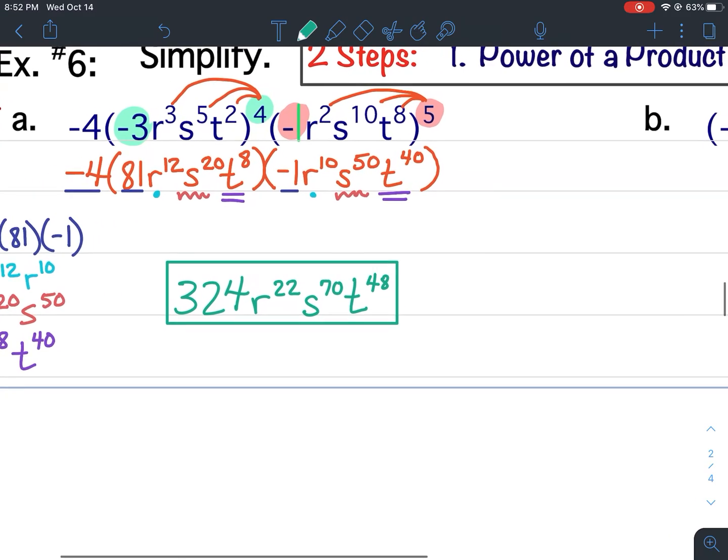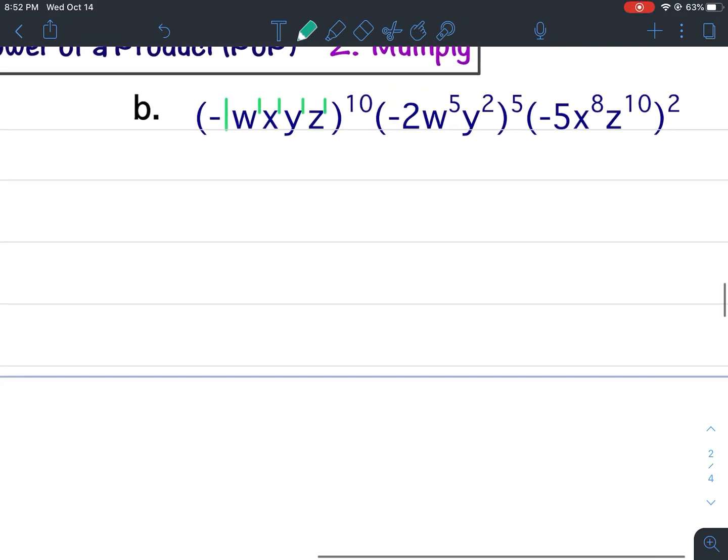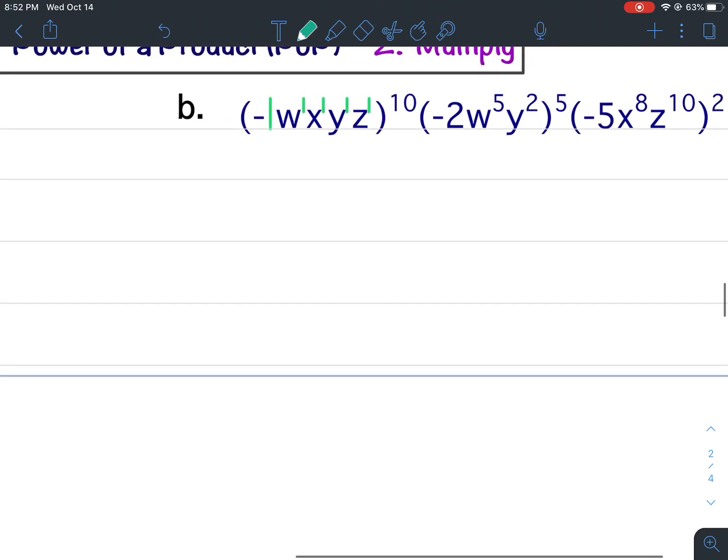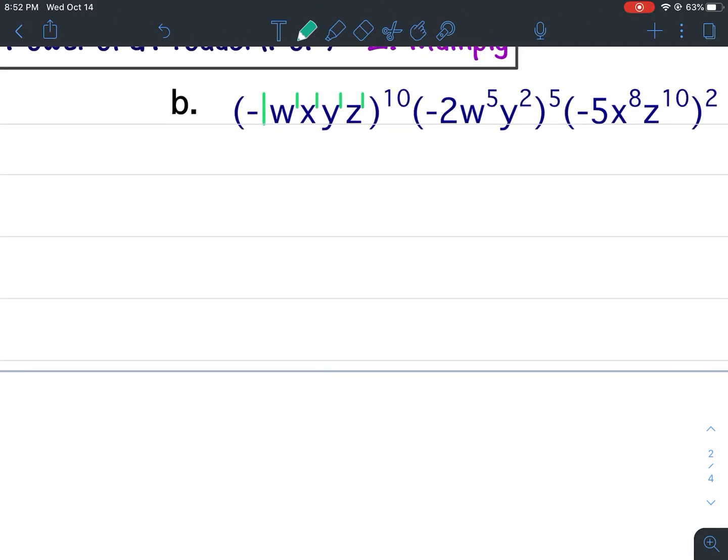Okay, let's do example B. Starting with your power of a product. So I'm going to take this number here, raise it to this power. This number here, raise it to that power. This number here, raise it to that power.